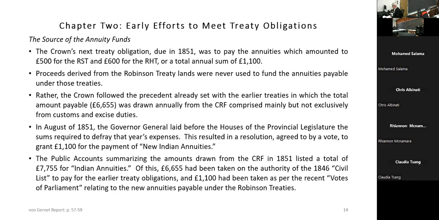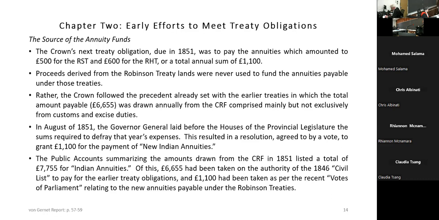And as such, it required a vote every year. And it was always referred to as New Indian annuities. And remarkably, between 1851 and 1869, it continued to be referred to as New Indian annuities, even though they were no longer so new anymore.